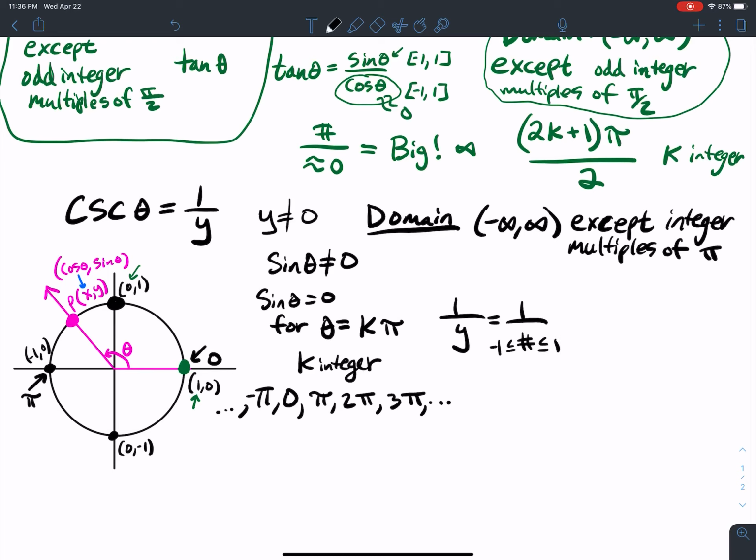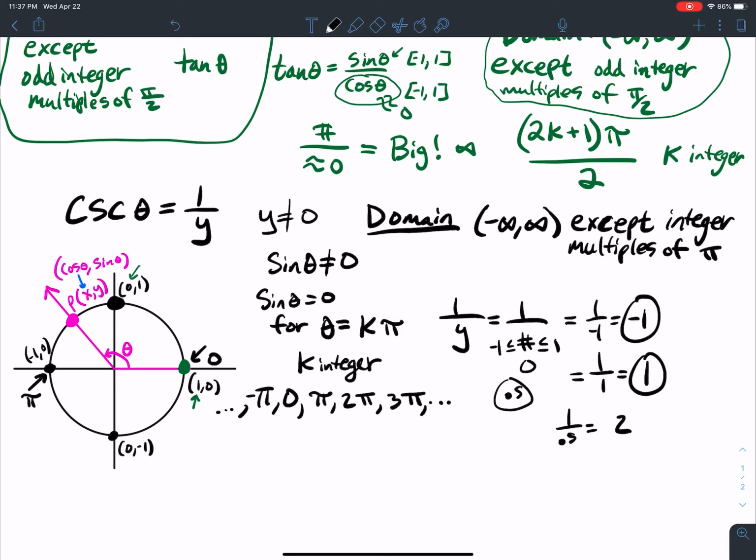So if the number is negative 1, that gives me 1 over negative 1, which is negative 1. If the number is positive 1, that gives me 1 over 1, which is positive 1. If it's 0, it's undefined, it falls apart. But pick a number between here. So like 0.5, right? If I do 1 over 0.5, guess what I get? I get a number 2. That's bigger than 1, right?